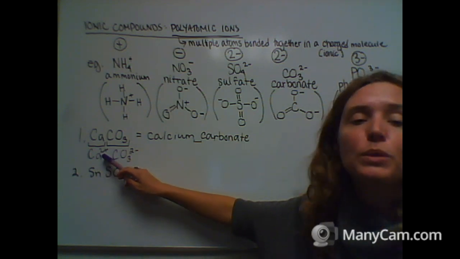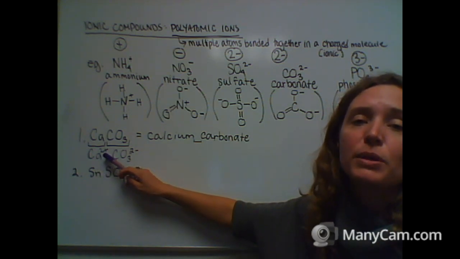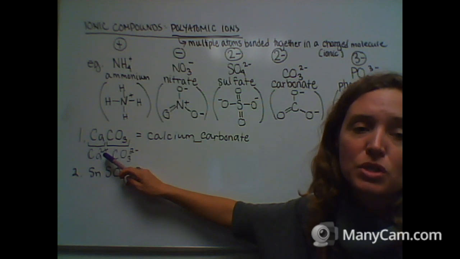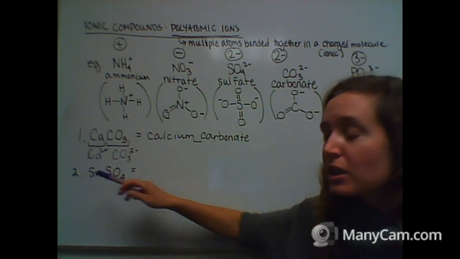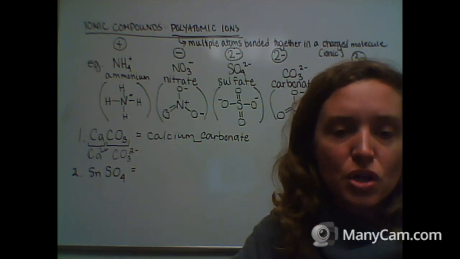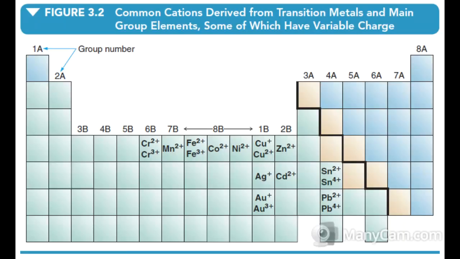Up here, calcium we saw was in group 2A in the periodic table, so calcium is not a variable charge metal. Tin though, let's make sure. Let's look at our chart right here. We do see that tin is one of the variable charge metals on the bottom right hand side of these transition metals. Tin can either have a 2+ or a 4+ charge. So let's figure out which one it is in this case.